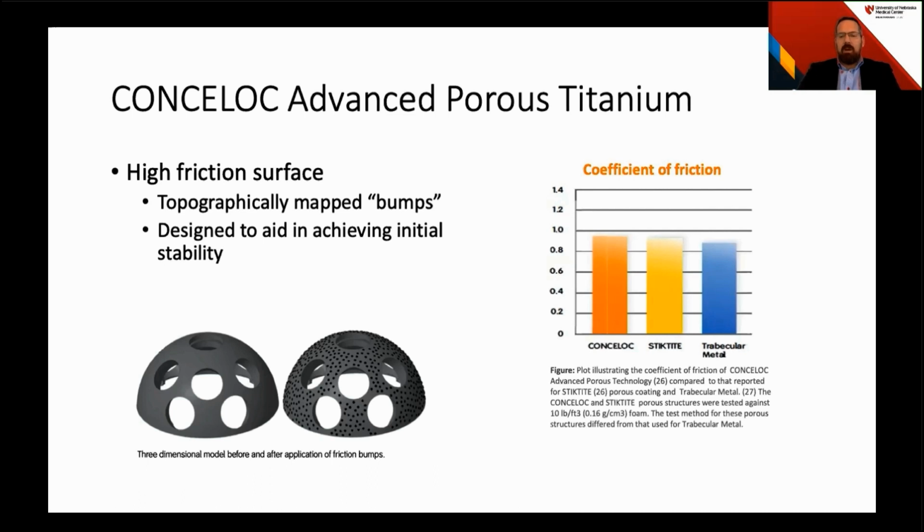Stick tight is very similar, and slightly higher even than trabecular metal or porous tantalum. Although I will point out that those two testing methodologies were slightly different, but that was the reported coefficient of friction for porous tantalum.